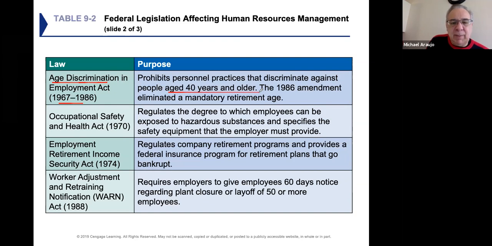They should be given the same opportunities to get that job as anyone else. A lot of employers prefer to hire younger employees in many cases because they're simply cheaper to hire. But there are a lot of benefits to hiring older people.